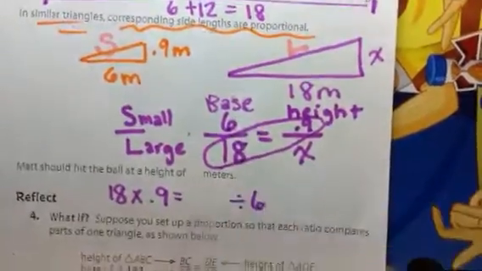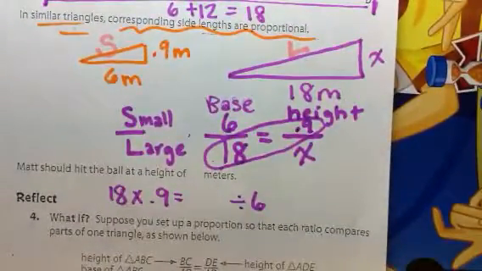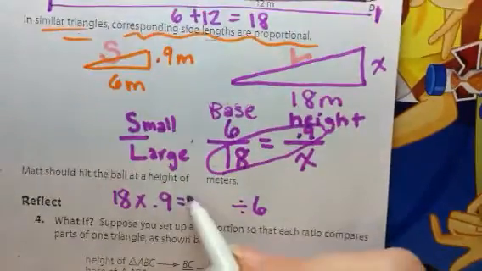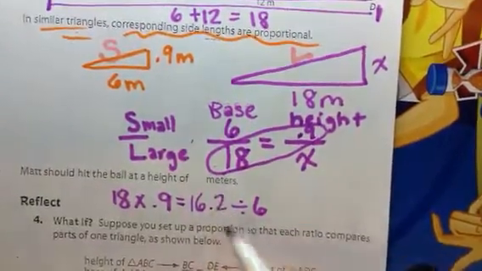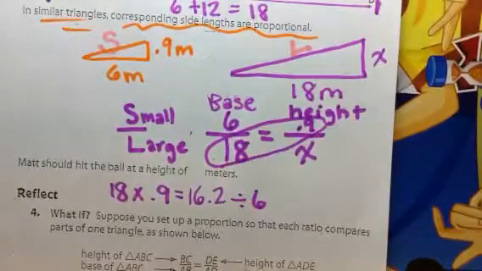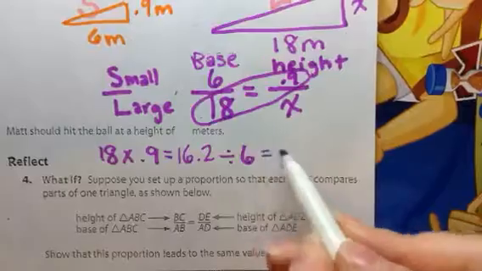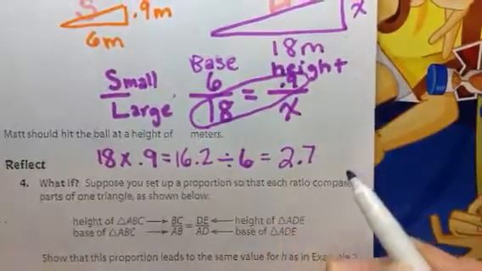And in this case, 6 I haven't used yet. Okay, so let's see. 18 times 0.9 gave me a 16.2. So I'm going to divide that by 6 to get 2 7/10.